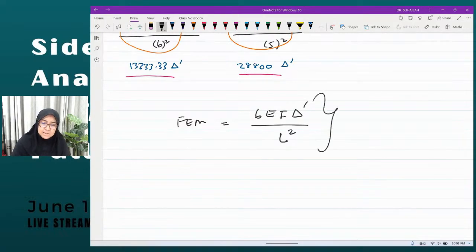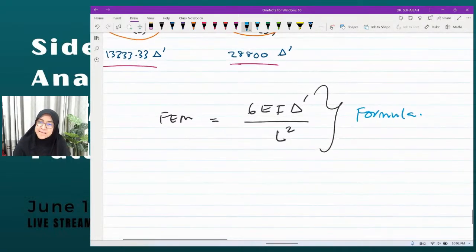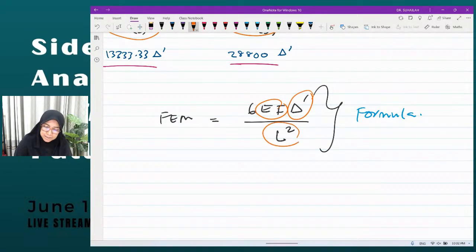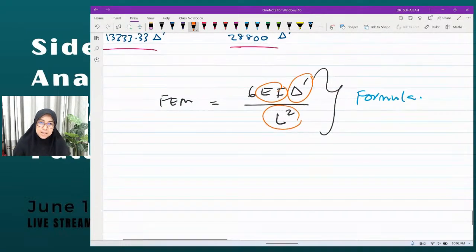We got 216. Inside this formula, we have EI, delta prime, and L.